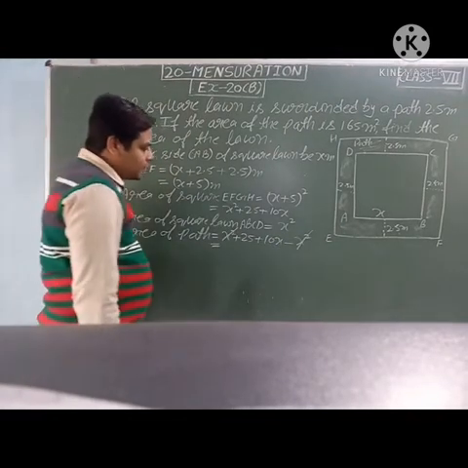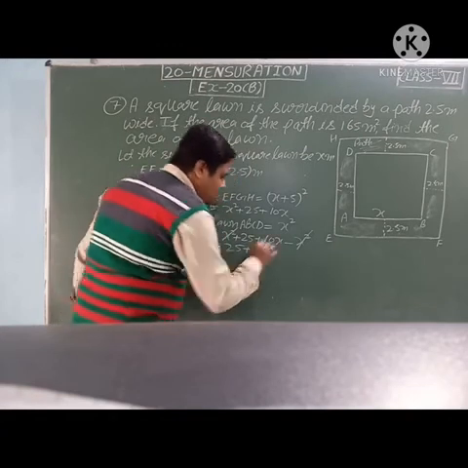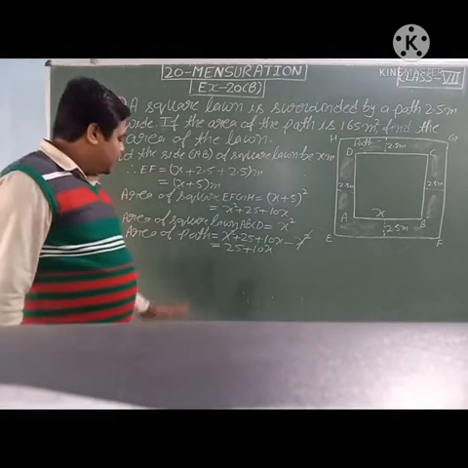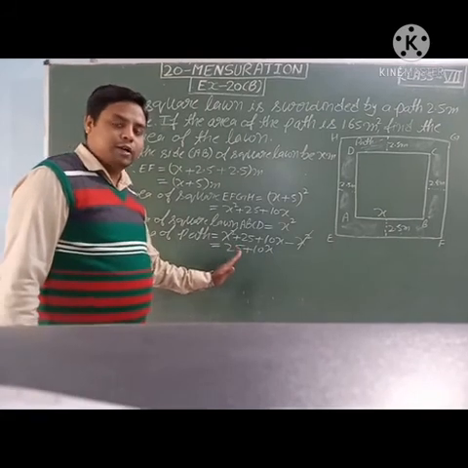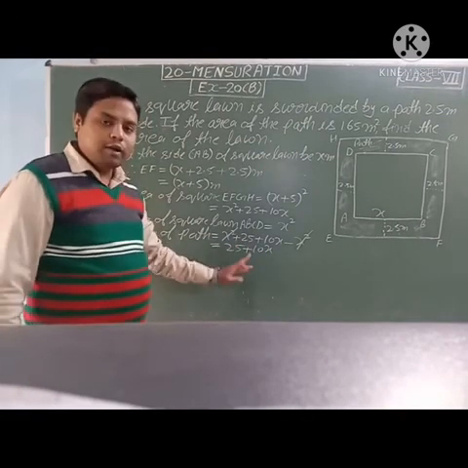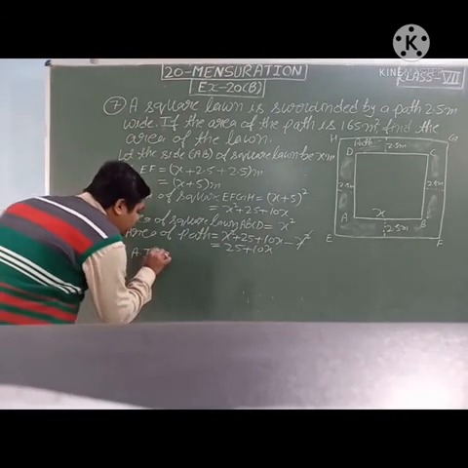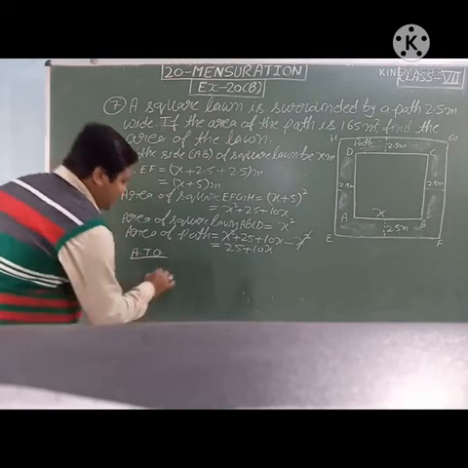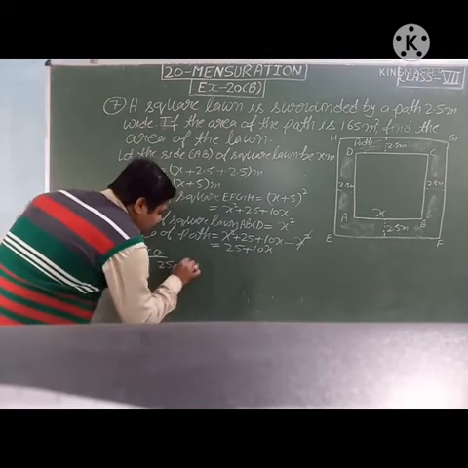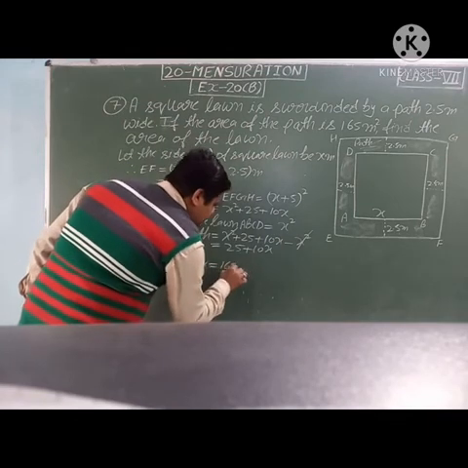Then 25 plus 10x we cannot add because they are unlike terms. It is coming area of path in terms of x. So according to the question we can make both equal. According to the question, 25 plus 10x is equal to 165.